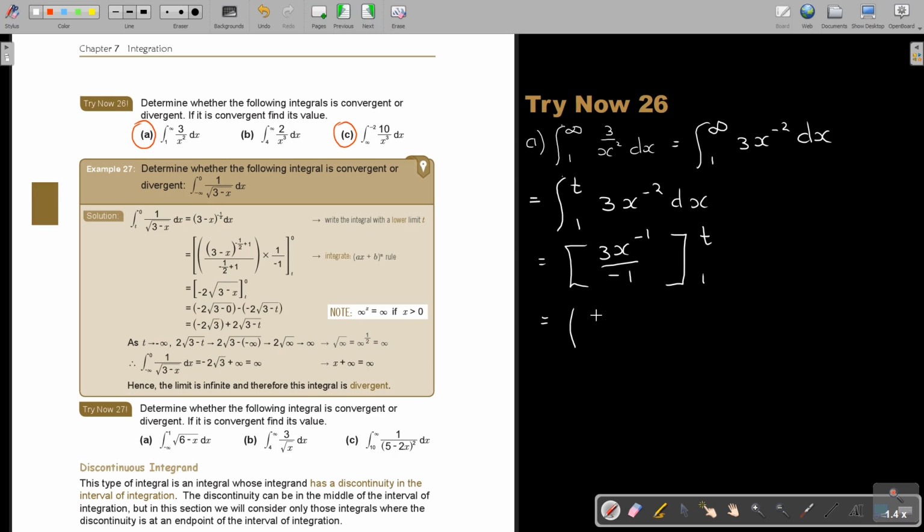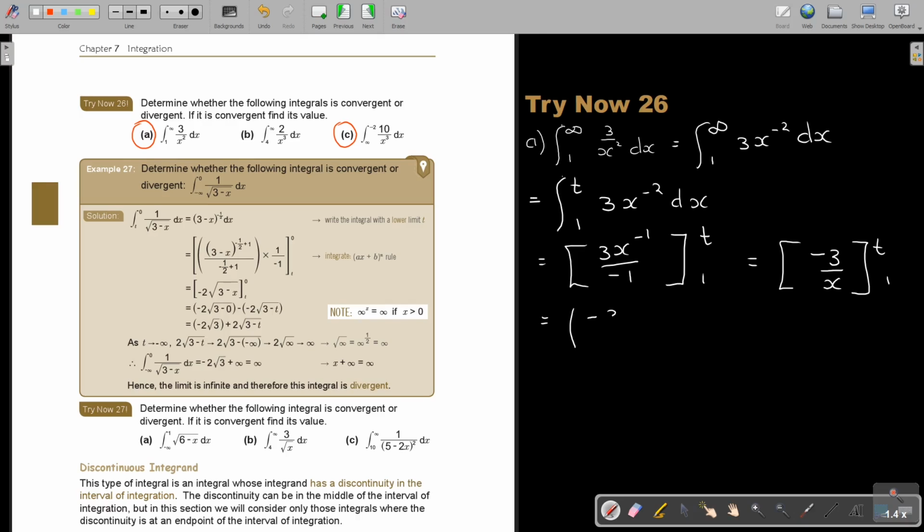So this is actually just going to be negative 3, do you agree? And this x is just going to come down. Okay, and it's t and 1. Now I can substitute.